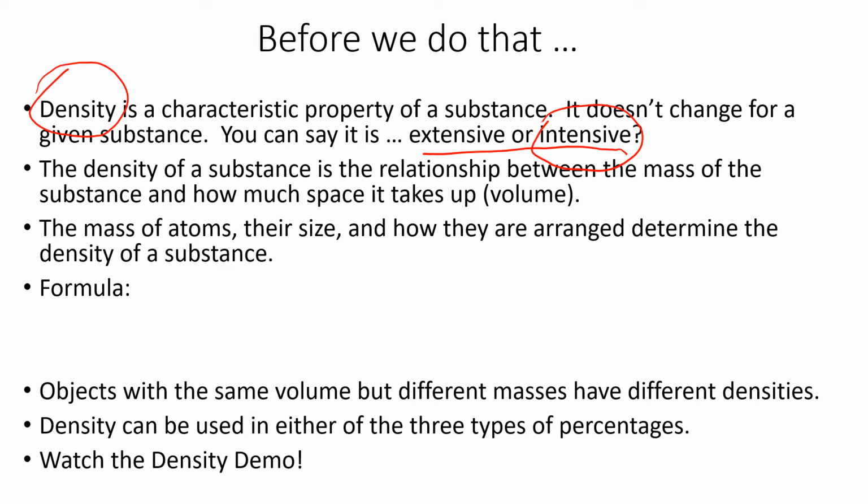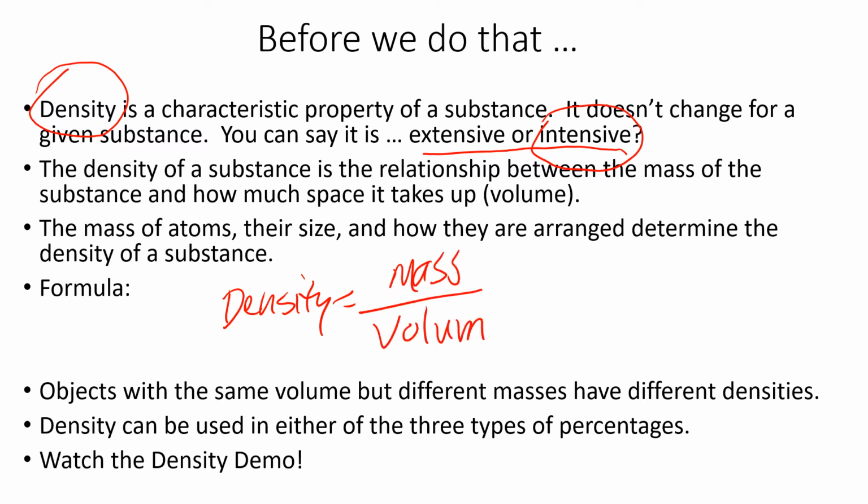So intensive is what density is. Density is a type of intensive property, and it's the relationship between the mass of something and how much space it takes up, its volume. So the formula for density is density equals mass over volume.